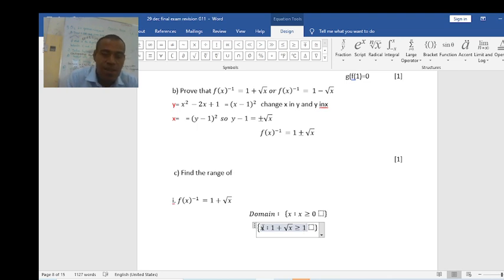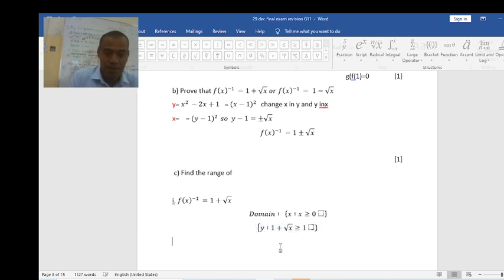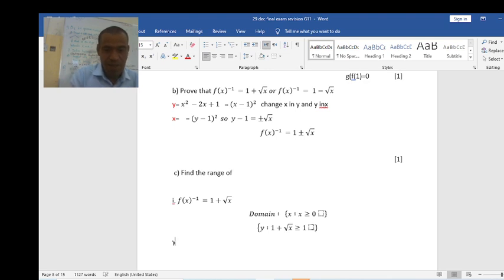So this is the value of y. The range is that y is more than or equal to 1. Clear? So thank you for listening.